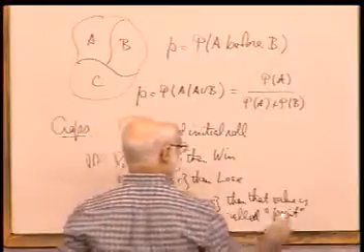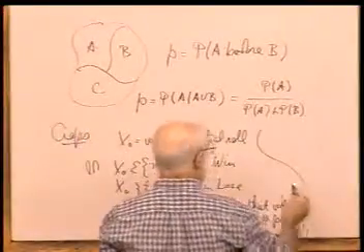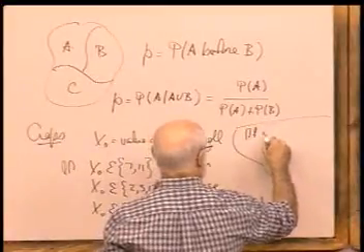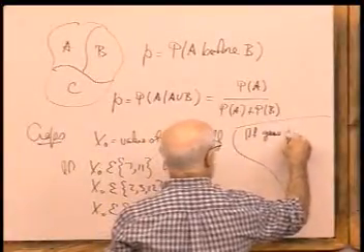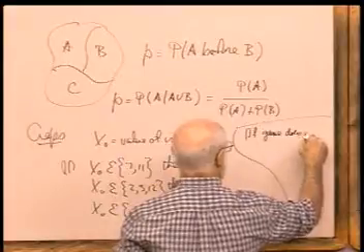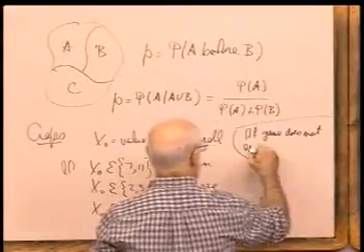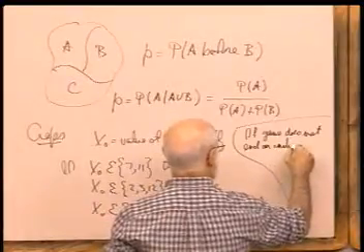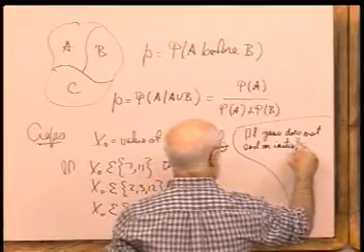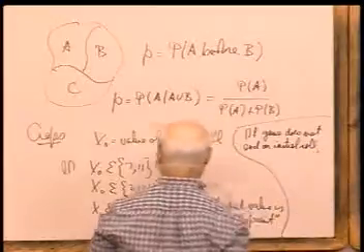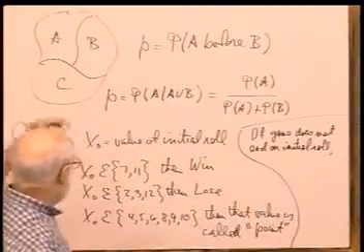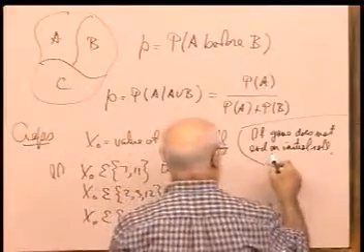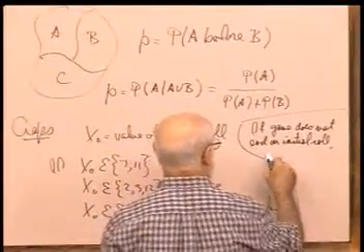And then, finally, if the game does not end on the initial roll, in other words, if you don't get either 7 or 11 or 2, 3, or 12, that means you must have had something else which is called the point.